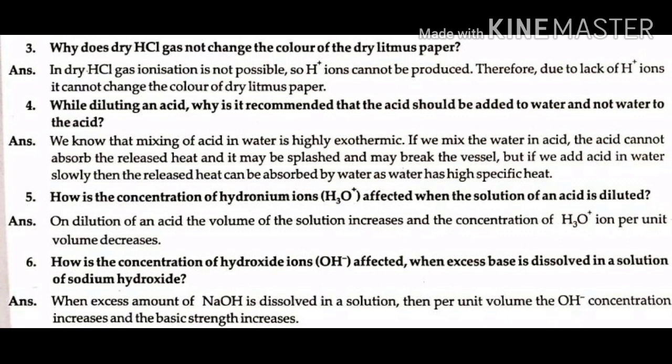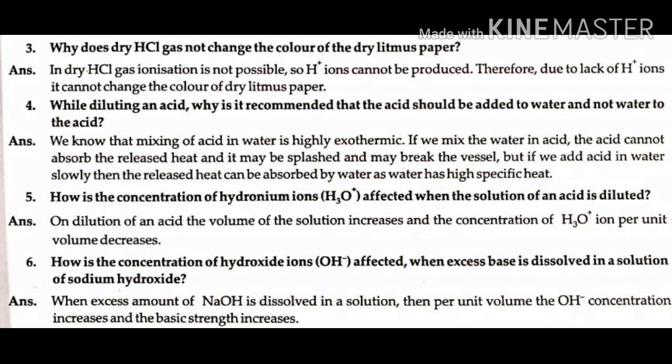If we mix the water in acid, the acid cannot absorb the released heat and it may splash and may break the vessel. But if we add acid to water slowly, then the released heat can be absorbed by water as water has high specific heat.